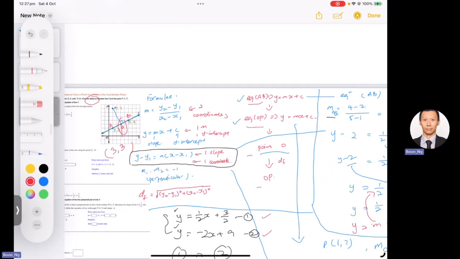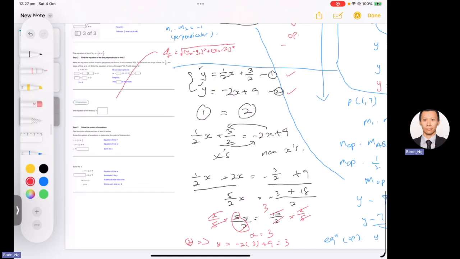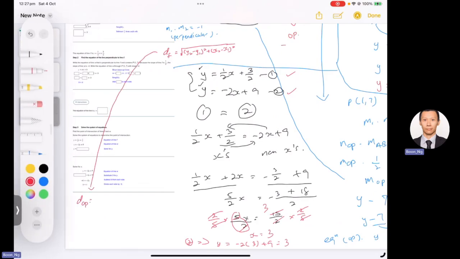Okay, and the last bit basically is to use the distance formula, which is this one. So D_OP equals, what is P again?